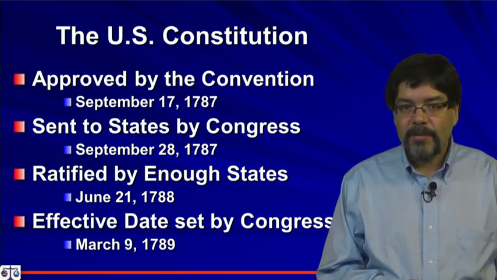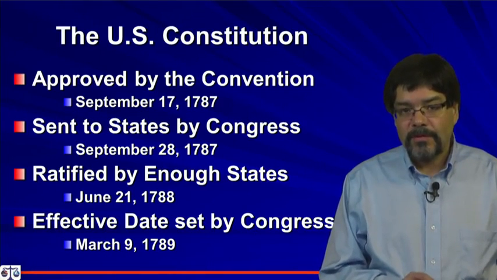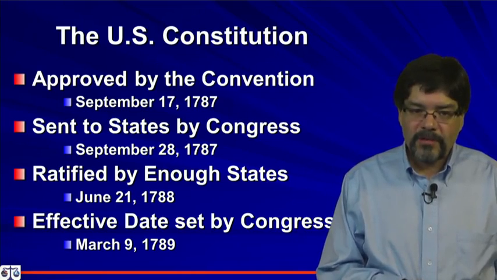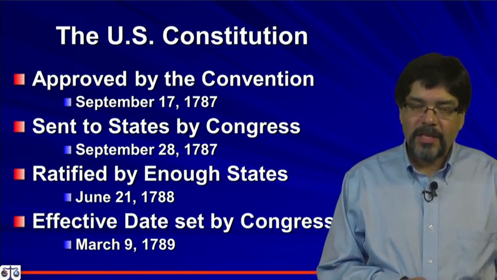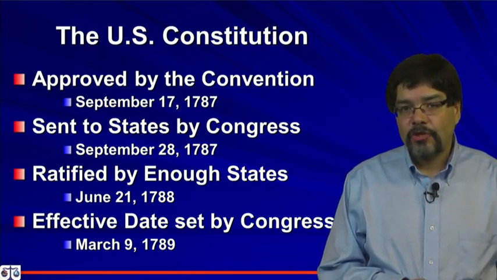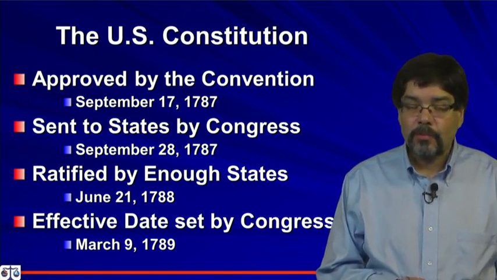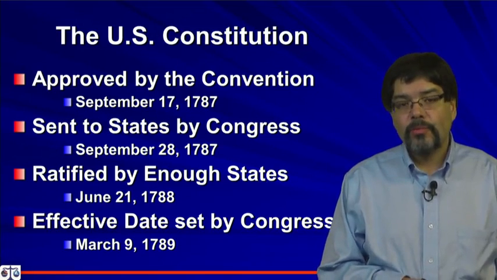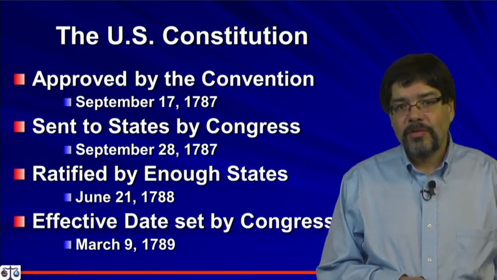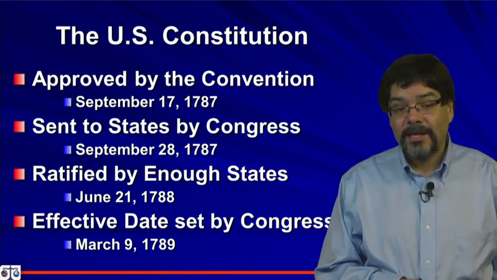It was ratified by the minimum number of states on June 21st, 1788, and the effective date for its application set by the Congress was March 9th of 1789. This is why we typically refer to the Constitution as the Constitution of 1789.